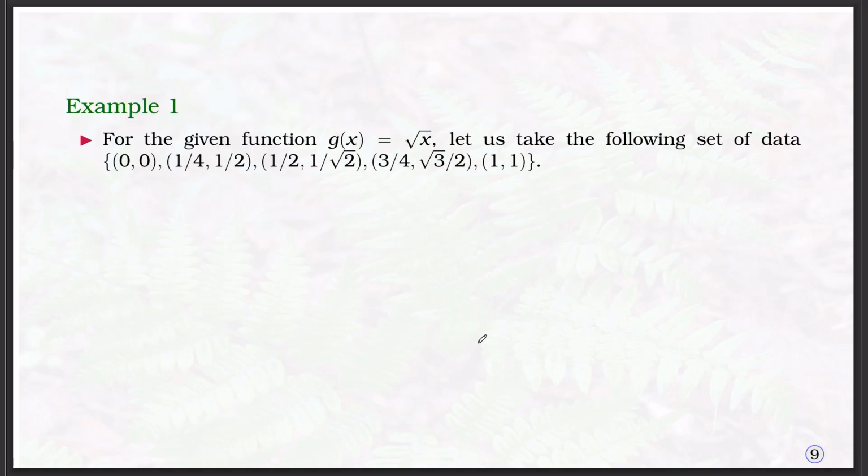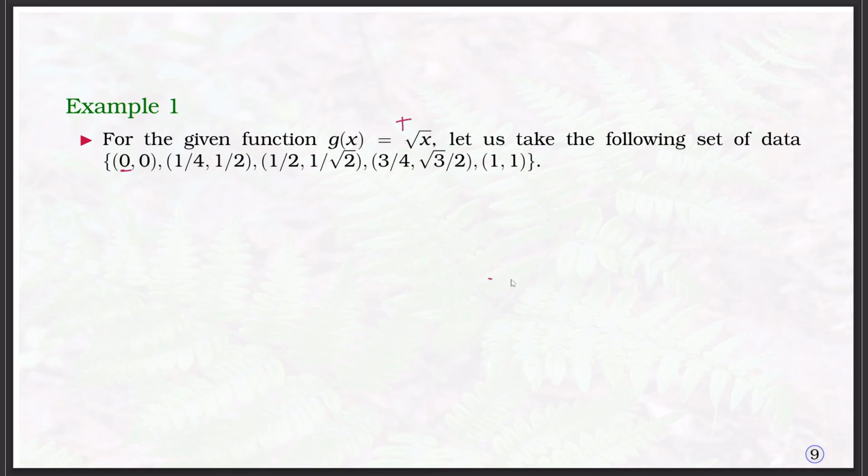Now we will discuss a perfect example to explain the nature of the alpha fractal function. For a given function G of x as the positive square root of x, let us take the set of data points. The data points are 0 and 0, 1 by 4 and 1 by 2, 1 by 2 and 1 by root 2, 3 by 4 and root 3 by 2, and 1 comma 1.